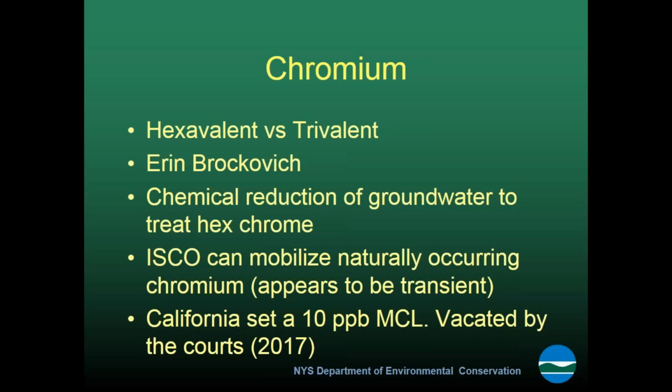Following injection of the oxidant, the chromium levels got up into the 2 parts per million range. So if you're doing an ISCO project and you have potential uses of that groundwater down gradient, definitely be aware of the potential for mobilizing chromium with that process.